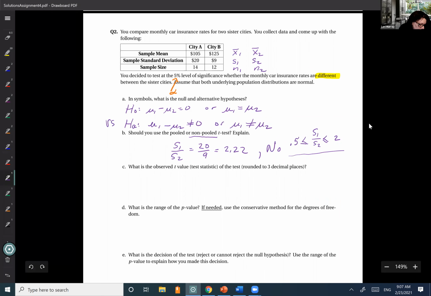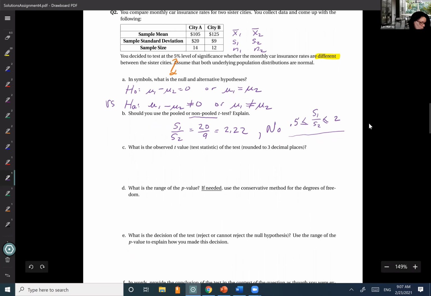Even if the ratio is between 0.5 and 2, I still wouldn't, because it makes more sense to be more accurate using the non-pooled t-test. But it's still good to be aware. If you go beyond the course, you might see the pooled t-test being used, and you'll know what it is.